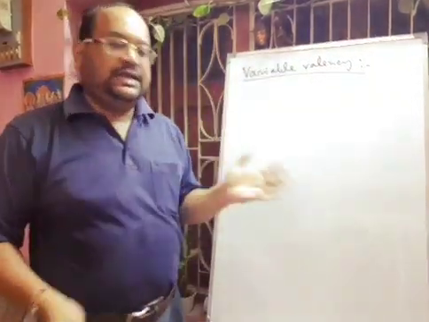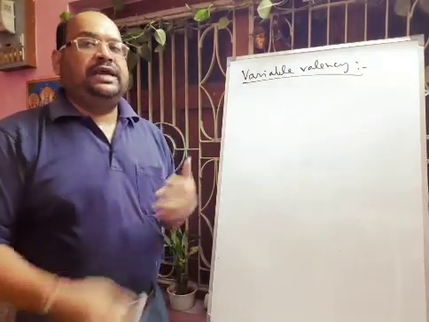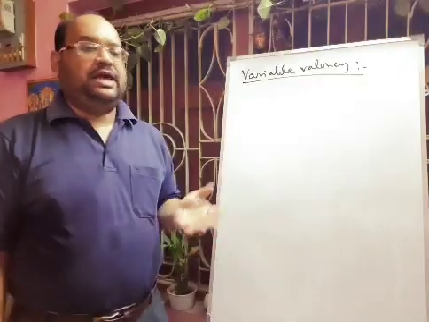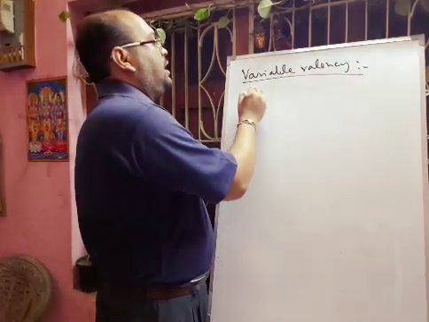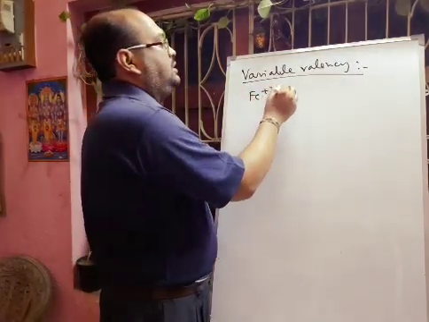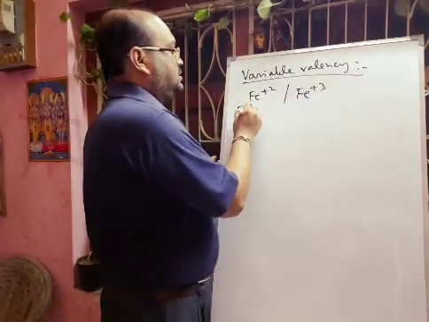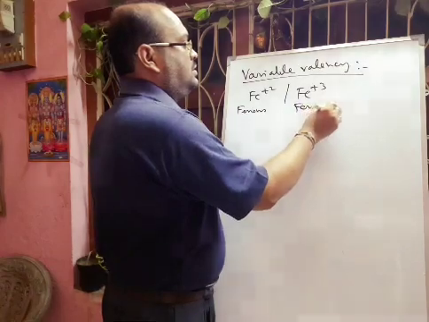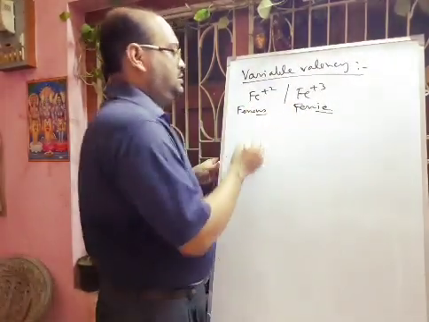So there are certain radicals or elements which exhibit more than one valency. They are called, they have variable valency. Like we can give iron may be in +2 state or it may be in +3 state. So this one is called ferrous and this one is called ferric. So lower valency is called ous and higher valency is called ic.